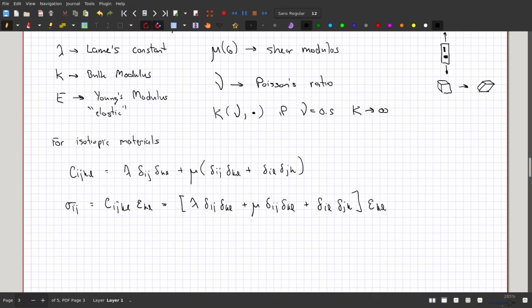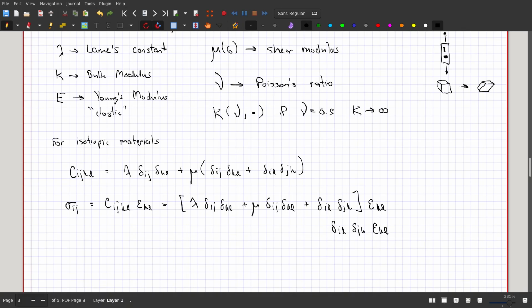And then let's look at what happens. We have epsilon_kl, and it's going to distribute across those terms. Let's look at how this contracts with these Kronecker delta functions. I'm just going to look at this one term, but the same thing would happen over there. So we have delta_il delta_jk epsilon_kl.